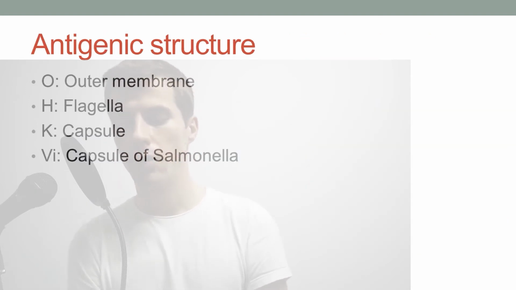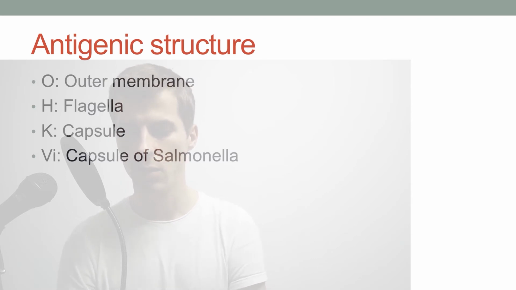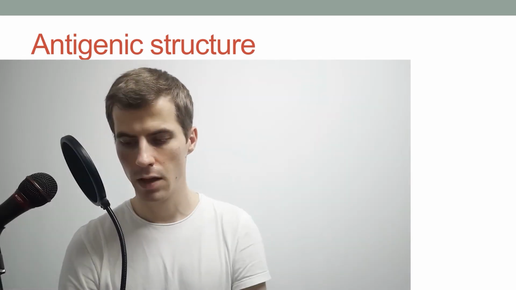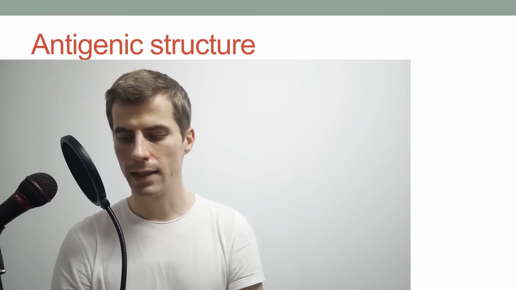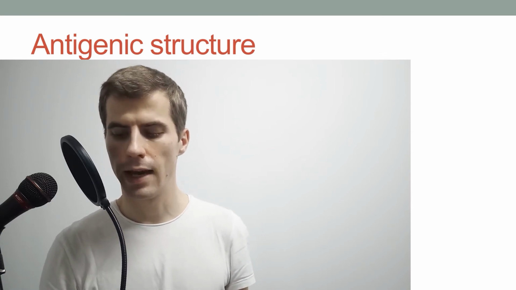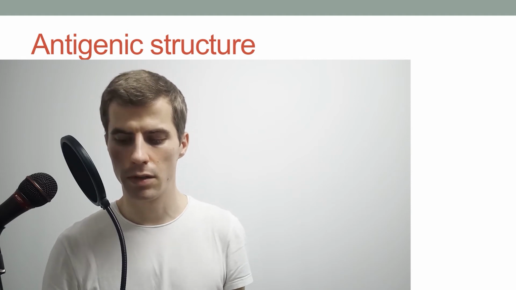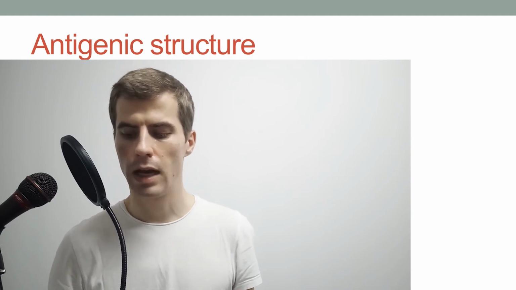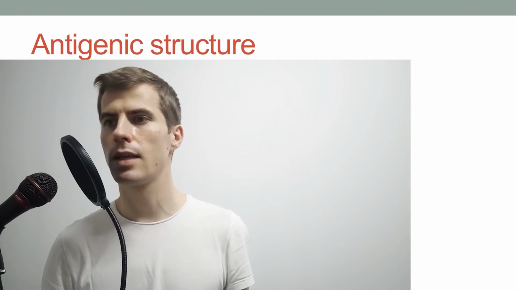Regarding the antigenic structure of Enterobacteriaceae, we have 4 types of antigens. Since all are gram-negative bacteria, they have an outer membrane. The first is the outer membrane antigen. Some of them do have flagella, some of them don't.